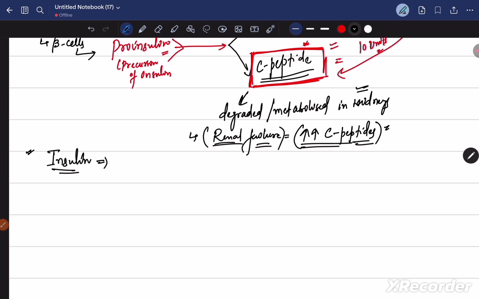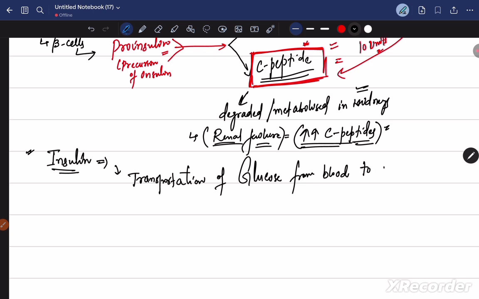In the body, the main function of insulin is transportation of glucose from blood to cells, where it is used for ATP generation, meaning energy production. So this is the normal.